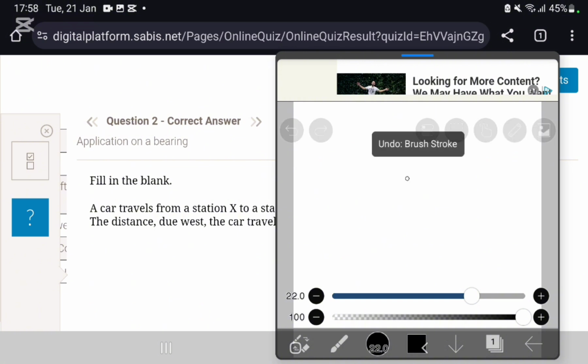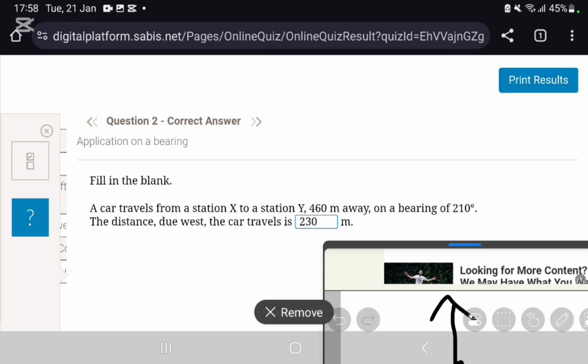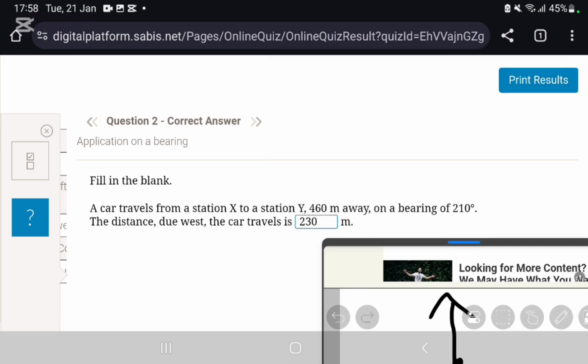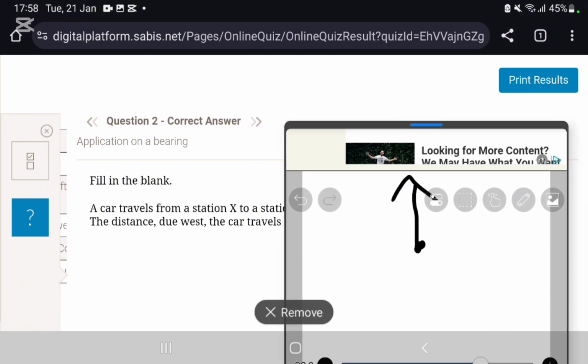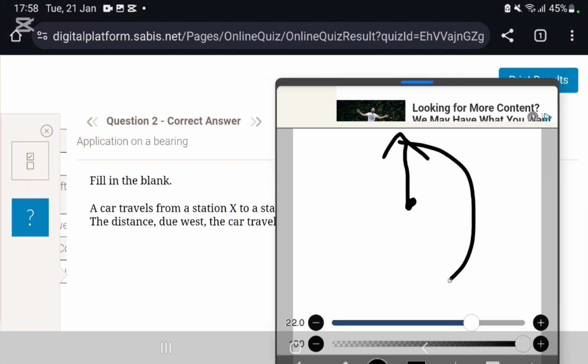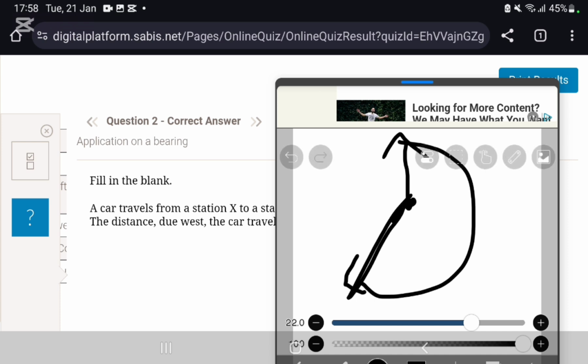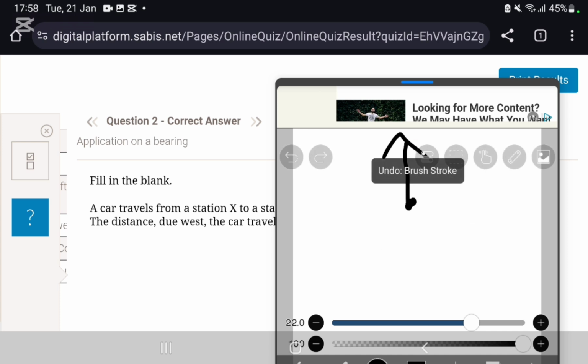Wait, let me center it. We have a station X here. So we're gonna have to do a bearing of 210 degrees, which is around right here. So let me erase the circle. So it's around here.